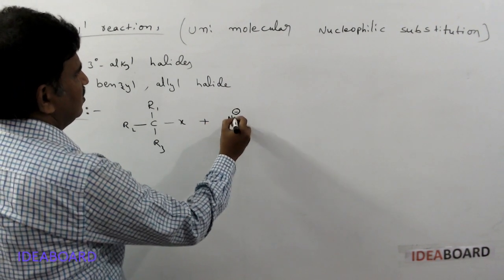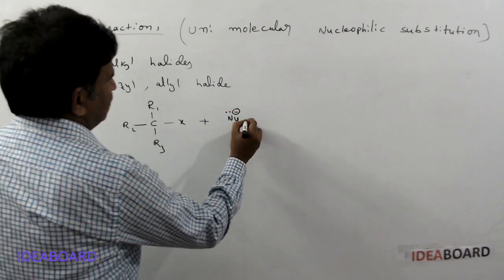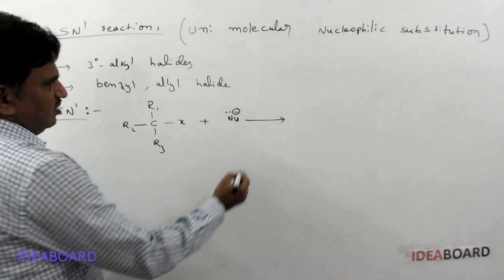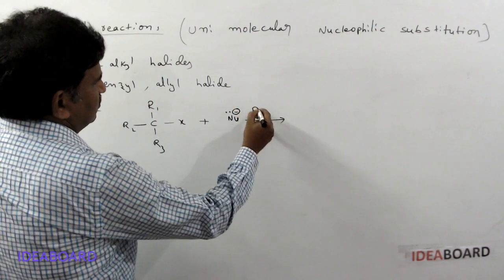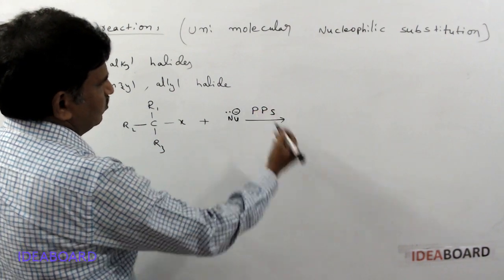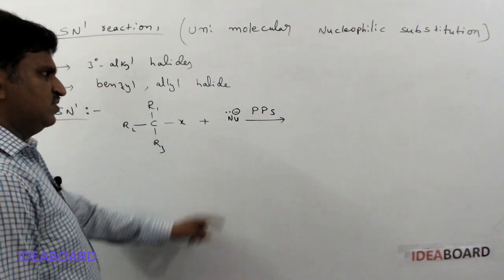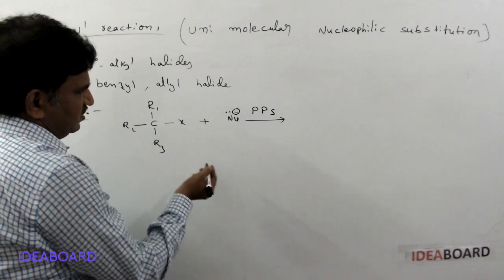The nucleophile is a negatively charged species having a lone pair, in the presence of a solvent. The solvent taken is a polar protic solvent, and the reaction occurs in its presence.